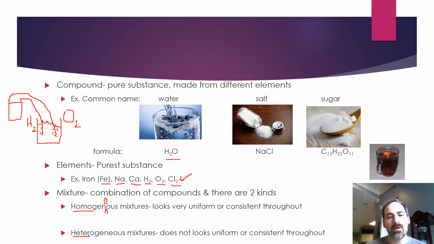All right, homogeneous is the one that looks uniform. That means it looks like one thing, all right? And it's consistent. It looks the same all throughout it. Heterogeneous looks different, so it does not look like one thing. So between these two, can you decide which one is homogeneous and which one is heterogeneous? Let's see.